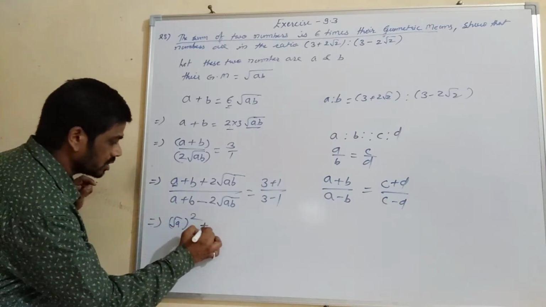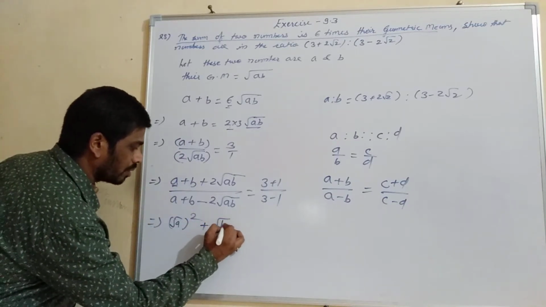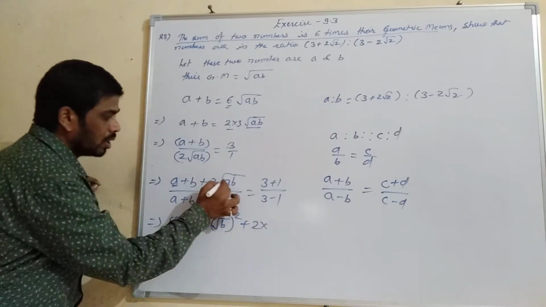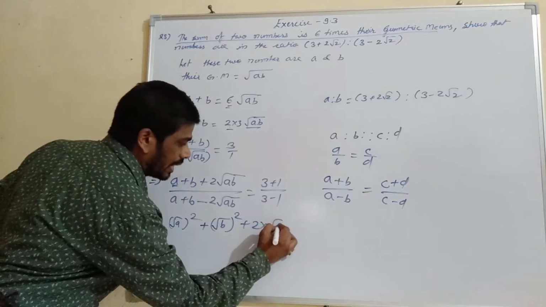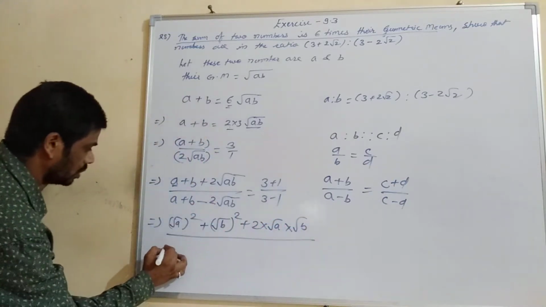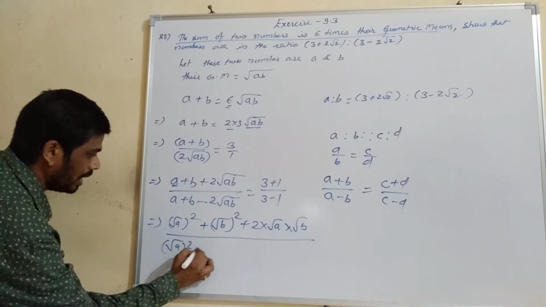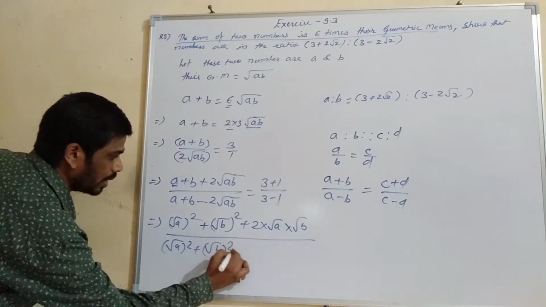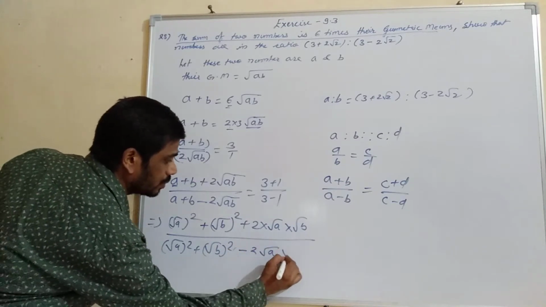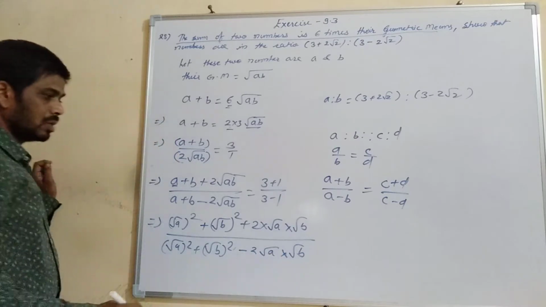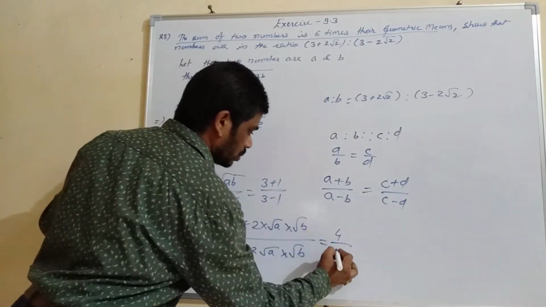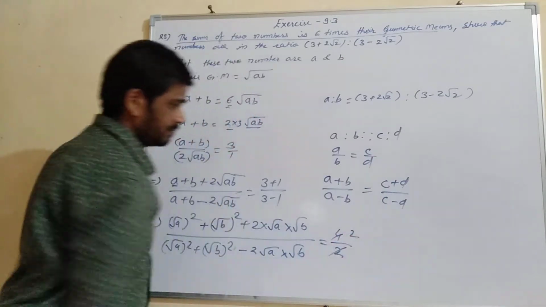Similarly b you can write as root b whole square, and 2 root ab you can write as 2 into root a into root b. So the denominator is root a whole square plus root b whole square minus 2 into root a into root b, equal to 3 plus 1, that is 4, upon 3 minus 1, that is 2.